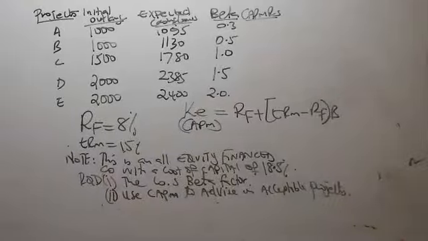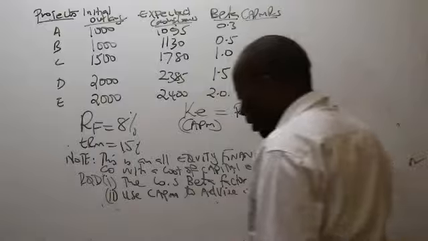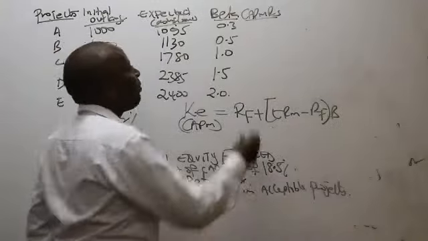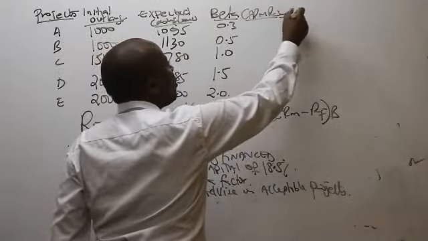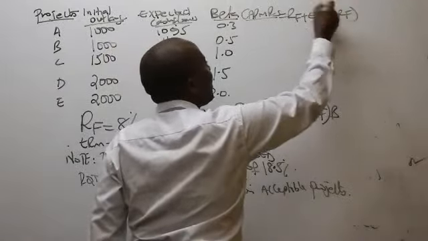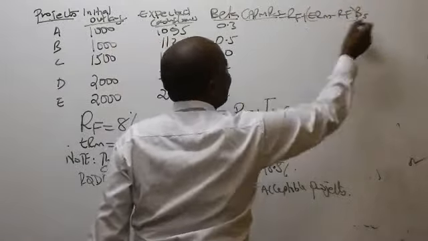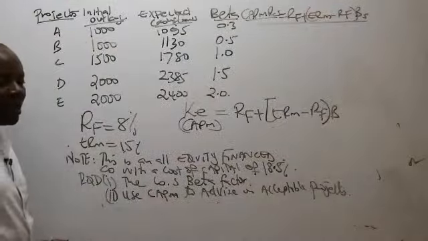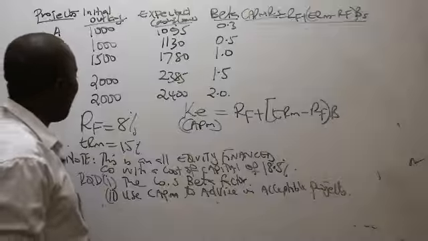Fortunately, we know the formula. There is nobody who is really forcing us. We know that our CAPM returns should be equal to risk-free plus ERM minus risk-free, multiplied by beta of the security. So if it is security A, the risk-free will remain the same.